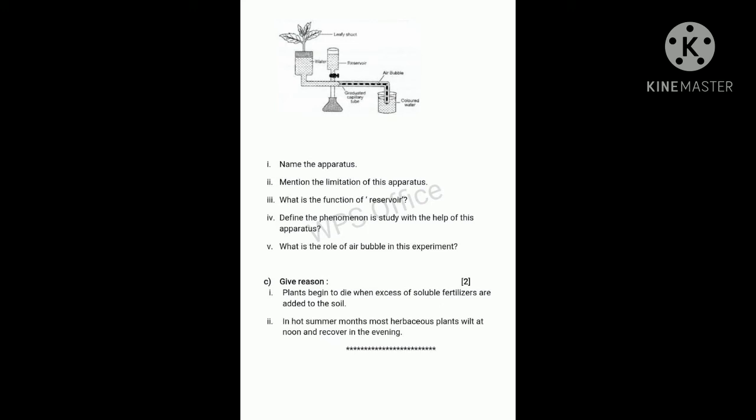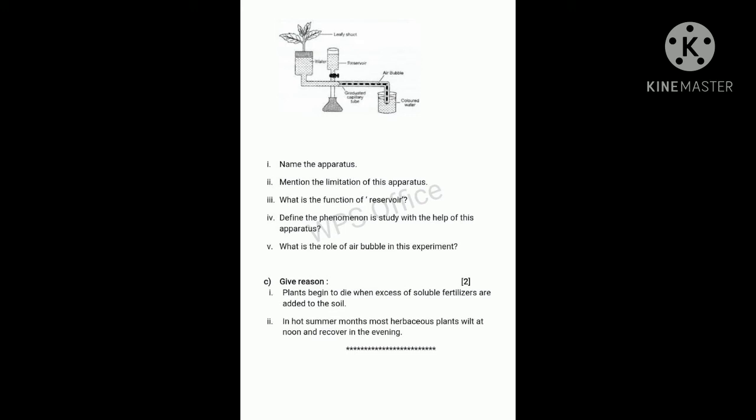That is the function of the reservoir. Next, define the phenomenon studied with the help of this apparatus. That is transpiration: the loss of water in the form of water vapor from the aerial parts of the plant. Here the words water vapor are important.